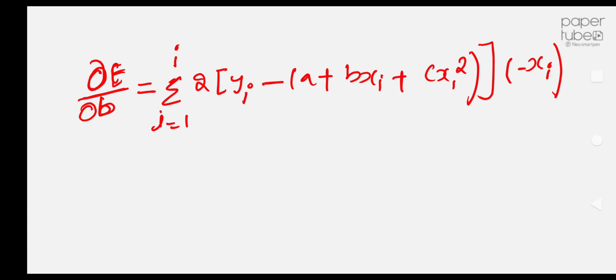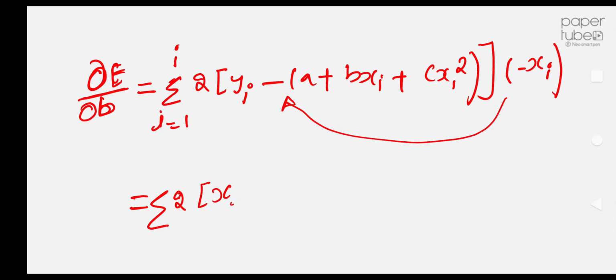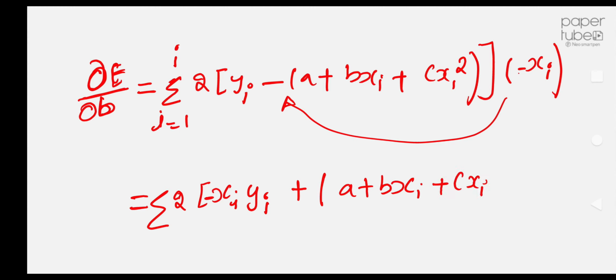We can just multiply this term throughout here. So that should be equal to the summation of 2xi (yi - a - bxi - cxi²). Everything is plus here, since minus into minus becomes plus. So the bracket closes, and this is equal to 0, because the change in error with respect to b should be equal to 0 for e to be minimum.